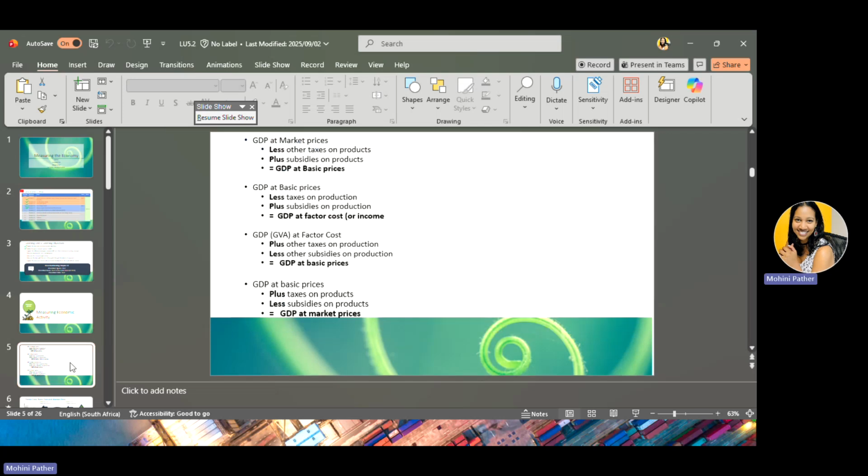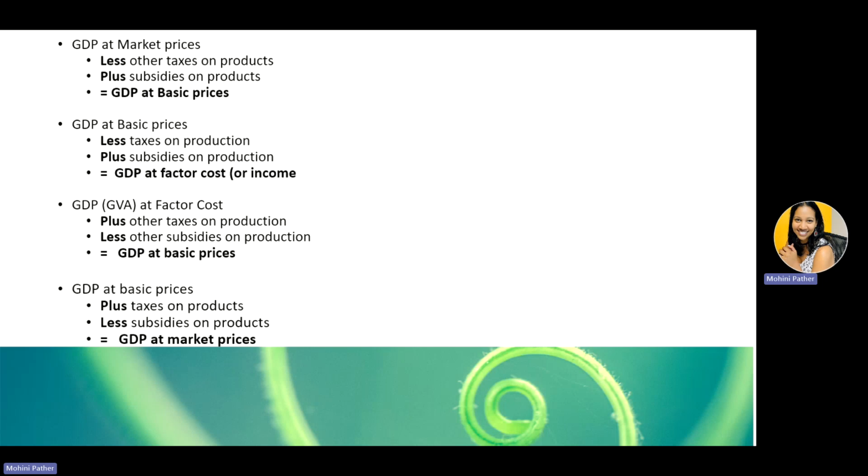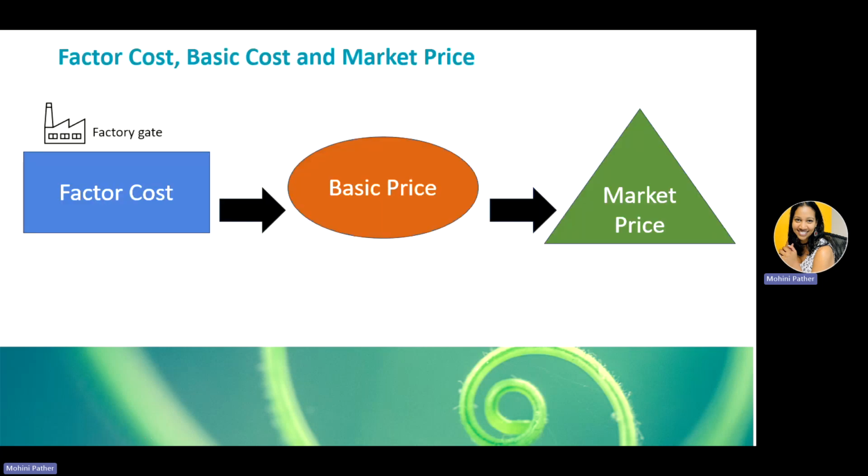Just a bit of a reminder. I have reiterated that you do need to be able to adjust whichever GDP figure they give you, by adding and subtracting taxes or subsidies in order to get the other costs. Now, how to remember what needs to be added and subtracted? I've given you a simple diagram here.